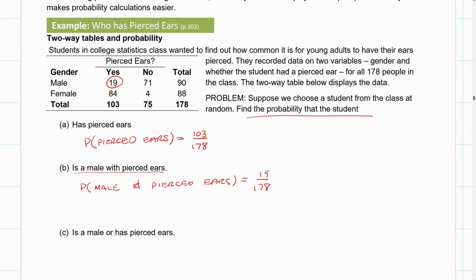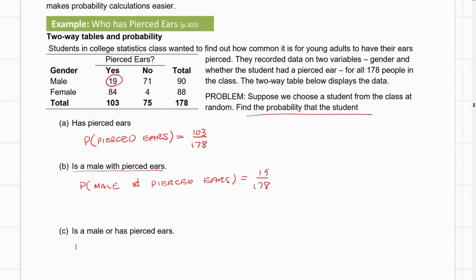Now here's the tricky one. What about the probability of being a male or having pierced ears? Now we're going to use the inclusive or here, which means male or pierced ears or both. In this case, how many males are there with pierced ears? There's 19. How many males are there without pierced ears? There's 71.